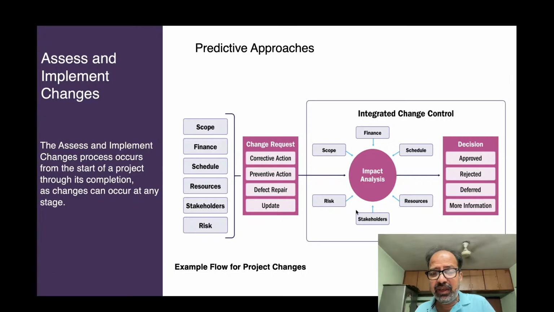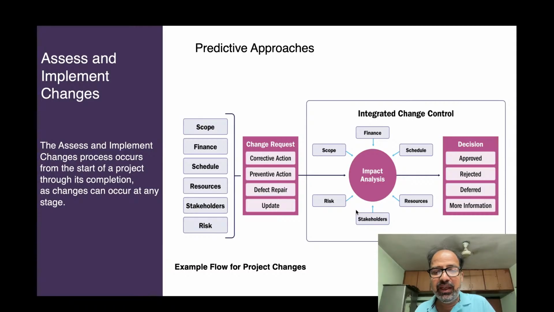The configuration management plan of the project should specify which project artifacts are subject to configuration control. Changes to these artifacts require a formal change request. So if there are any changes, a formal change request will be required.